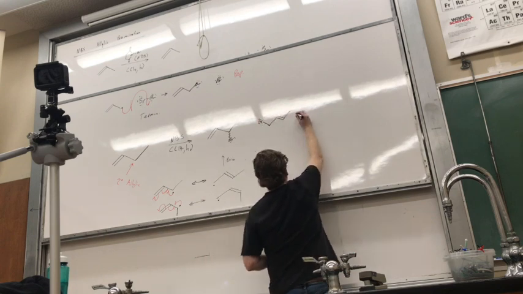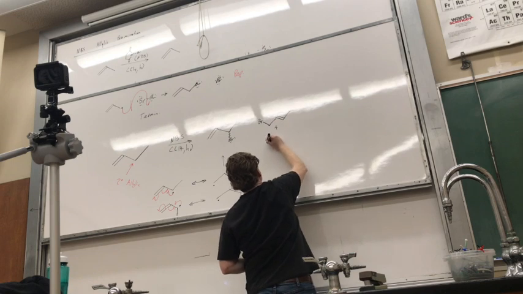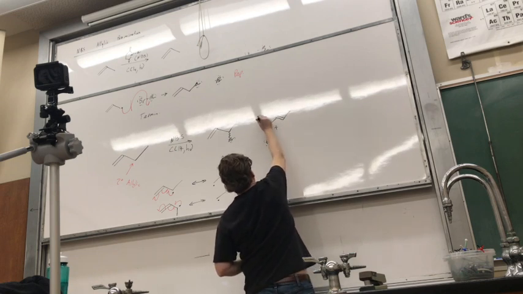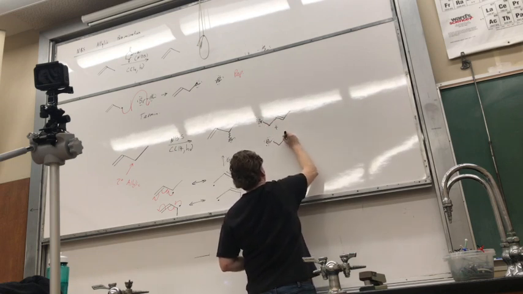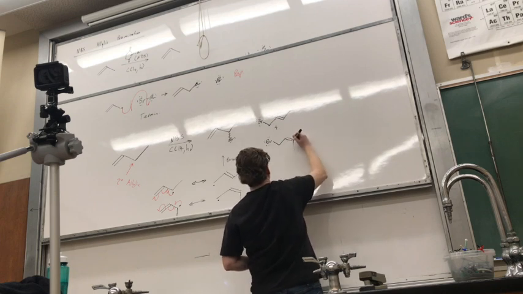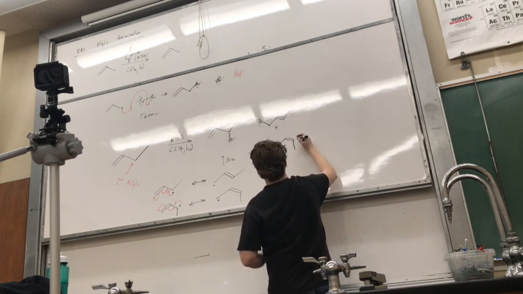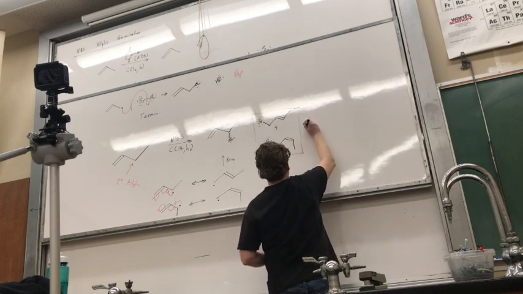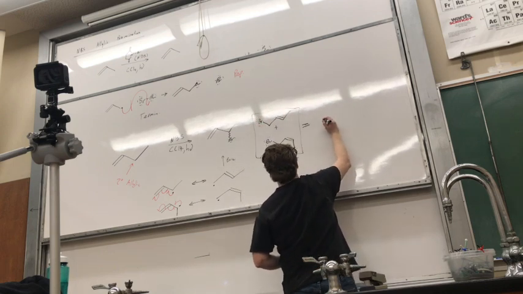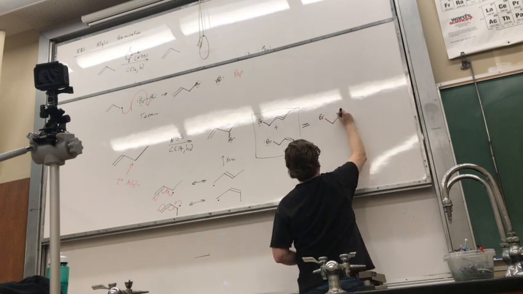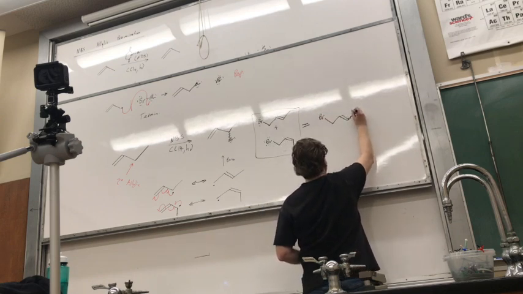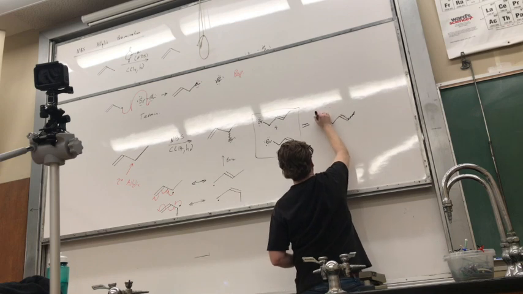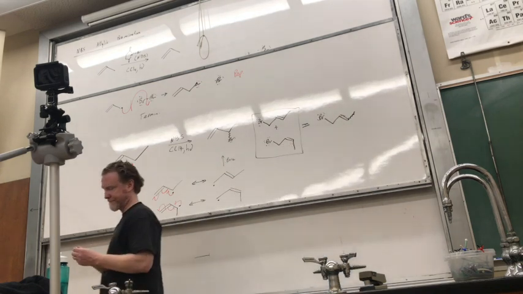And you can get this one plus this, the cis and trans. These two you can call approximately equal, or you can wiggle that to say, oh yeah, that's the cis and trans alkenes.